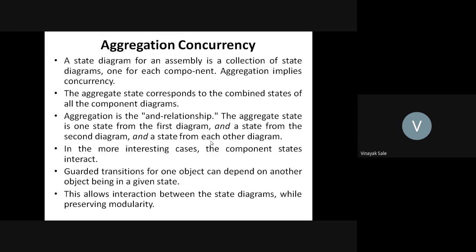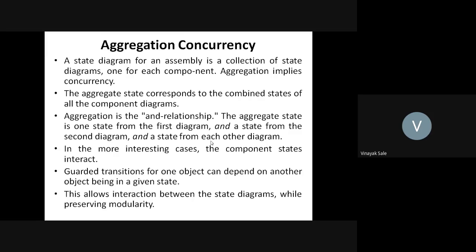Suppose your 12th marks, so what is your aggregate? That is the combination of all subjects: English, Marathi, Hindi, physics, chemistry, maths, biology, whatever. That combination of all subjects is known as aggregation, that is AND relationship. So one subject is related with other subjects.